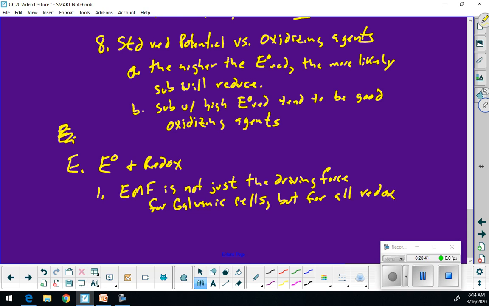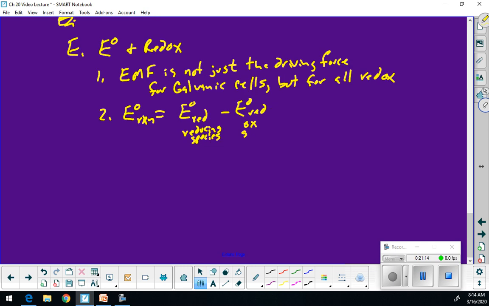And so what we do then is we will calculate a standard E for my reaction, which will be my standard cell potential, standard reduction potential for my reducing species. And that's not, remember, reducing species is not the reducing agent. The reducing species is the thing that reduces, minus my standard reduction potential for my oxidizing species.